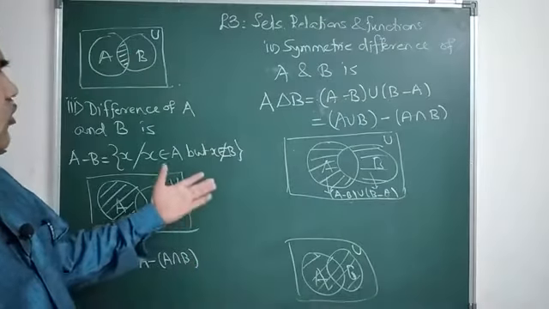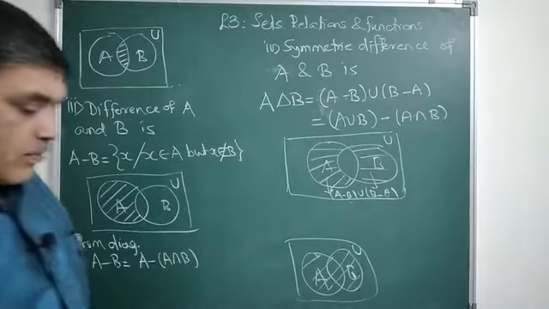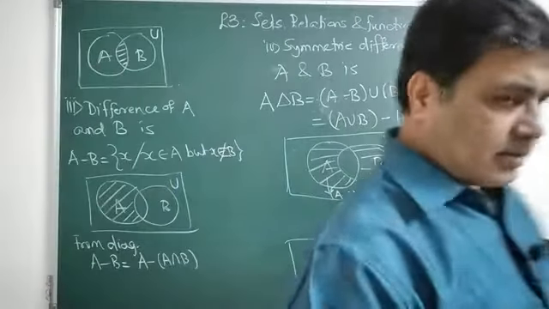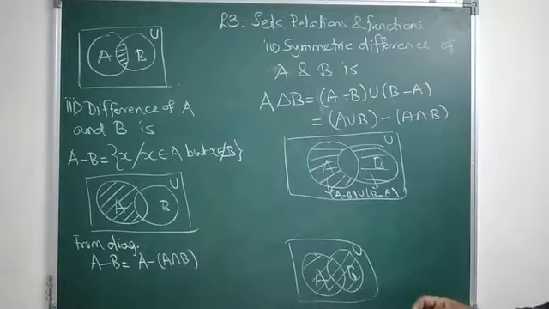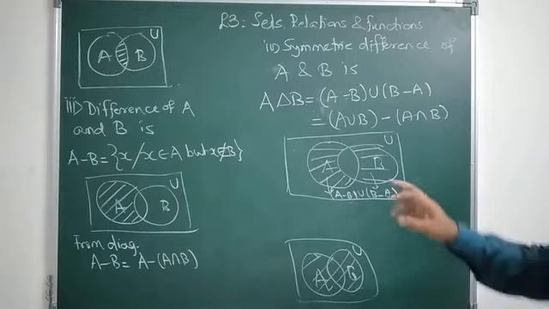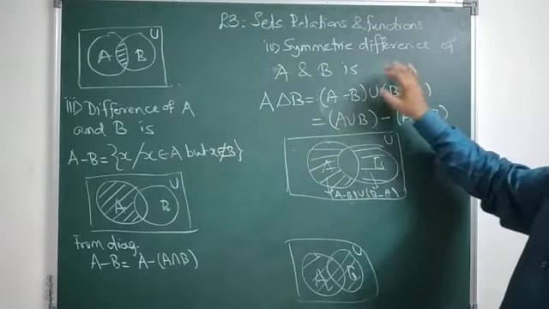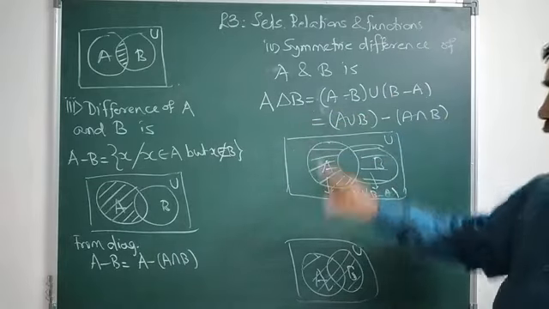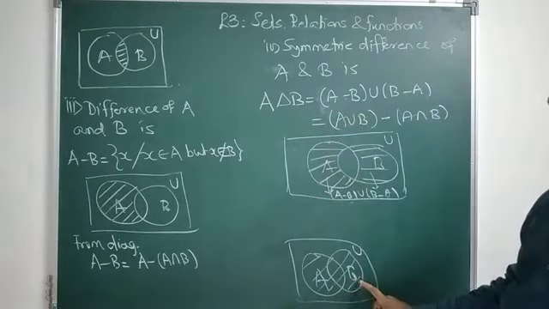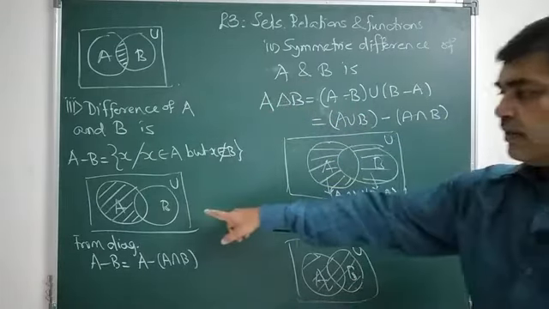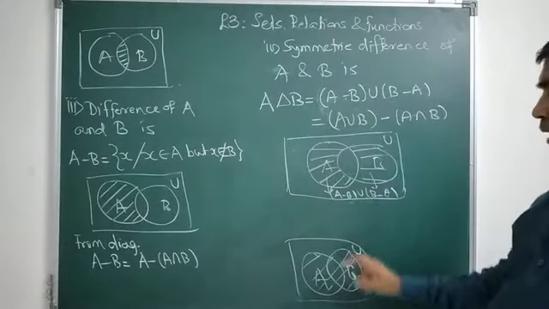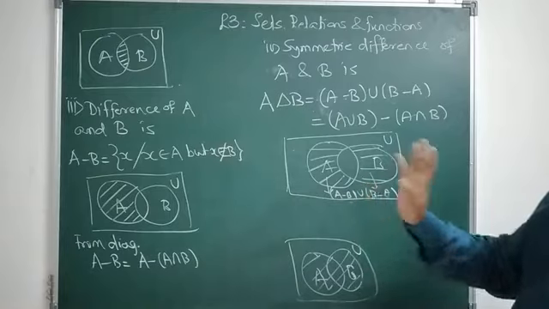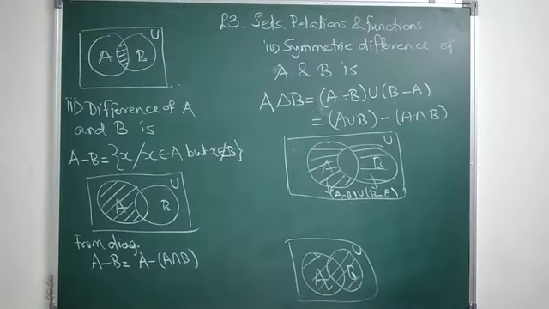While talking about these operations, we require two subsets of universal set, A and B. So with the help of those two subsets of universal set U, I have talked about A union B, then A intersection B, A minus B set, and A symmetric difference B. These four operations we are defining.